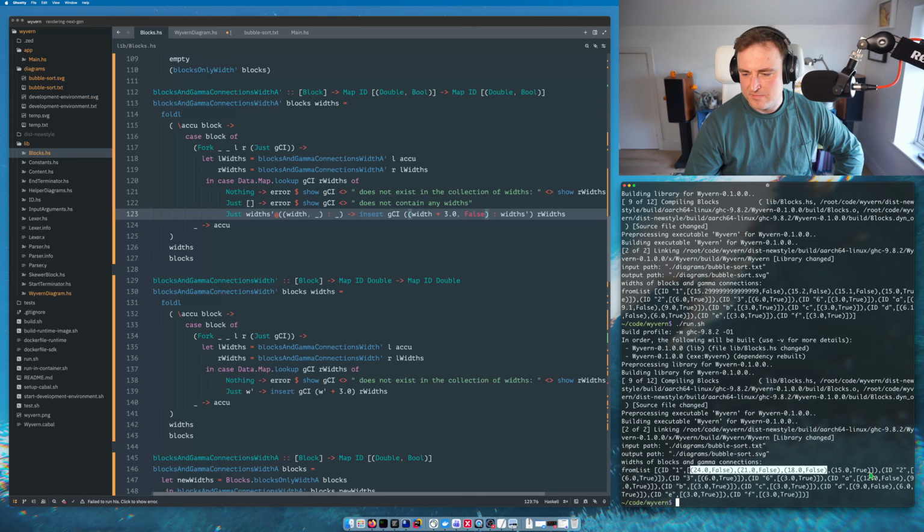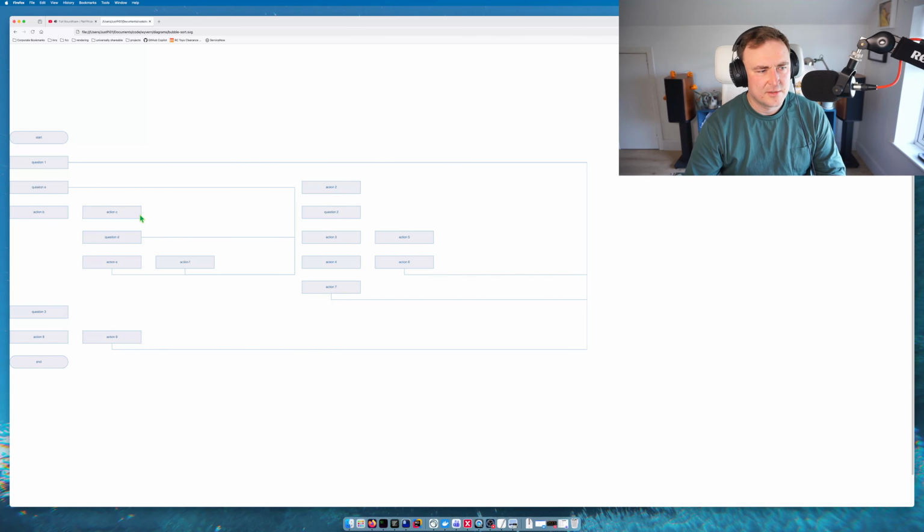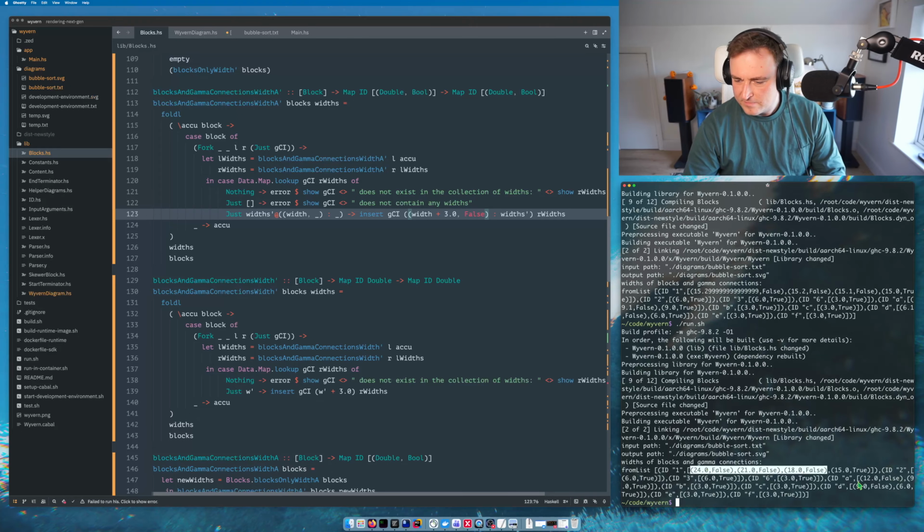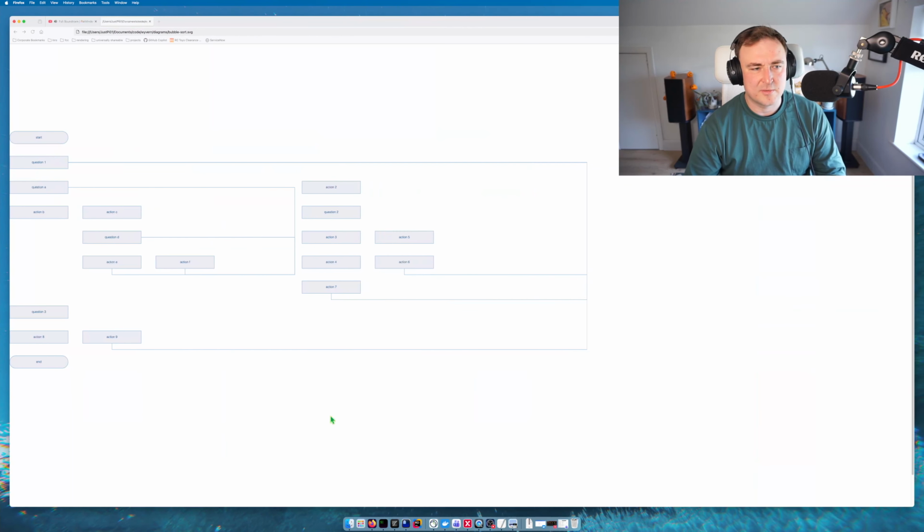No, it's fine. A width is 12 because we have that connection, plus 3 because we still have... what am I looking at? It's 9 plus 1 connection, that's 12.